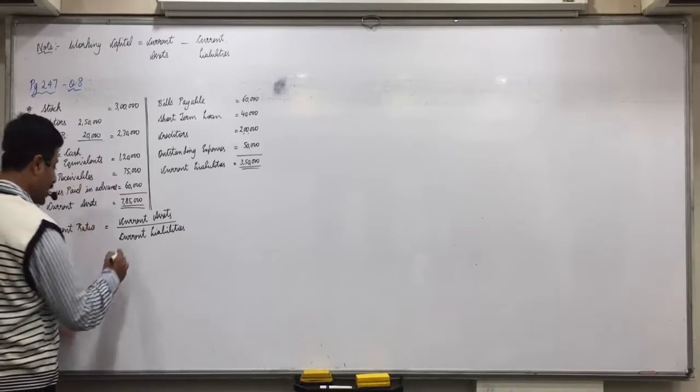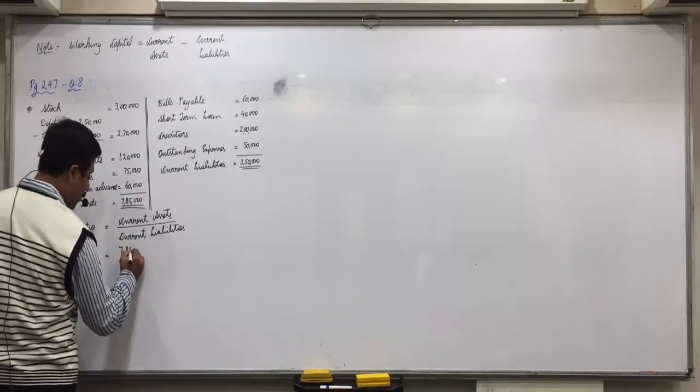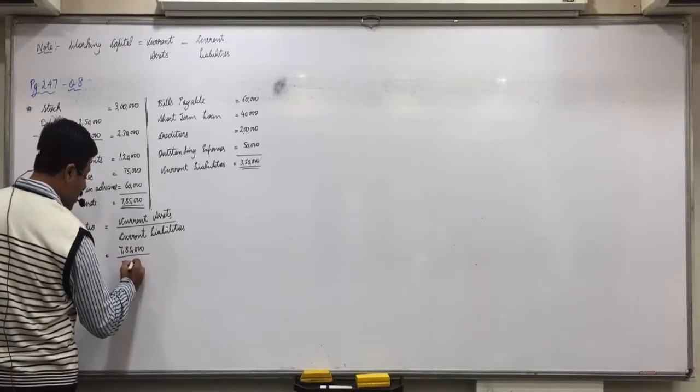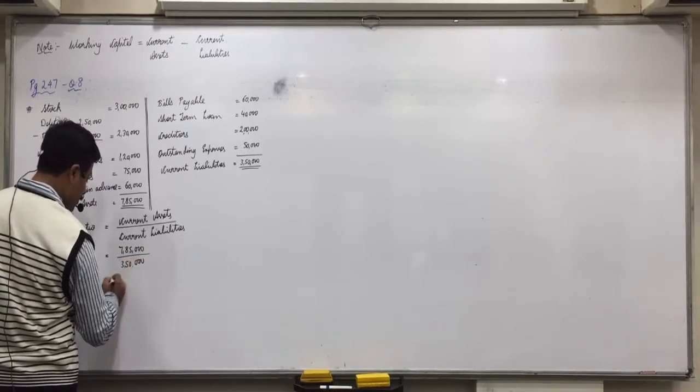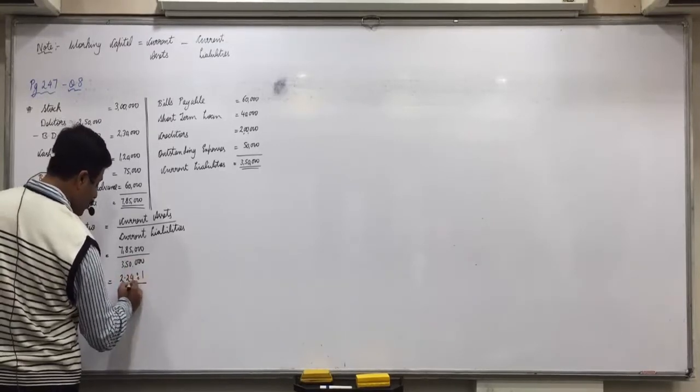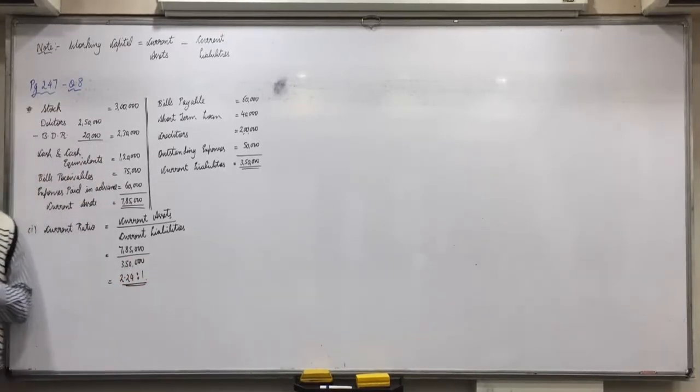Current assets 7,85,000 divided by current liabilities 3,50,000, 2.24. 2.24 is to 1. Did you understand this? It is expressed in proportion, so further you'll write is to 1. Anyone having any doubt in this? All are clear up till here?